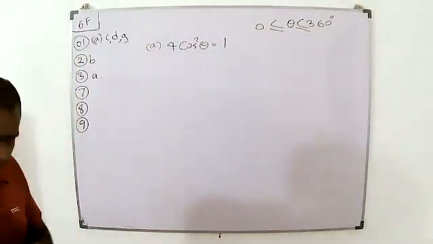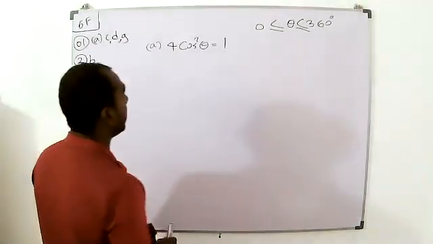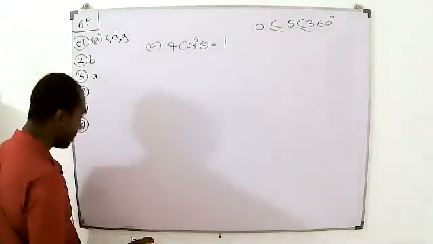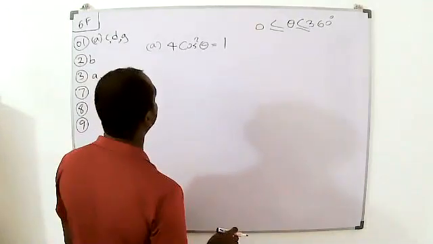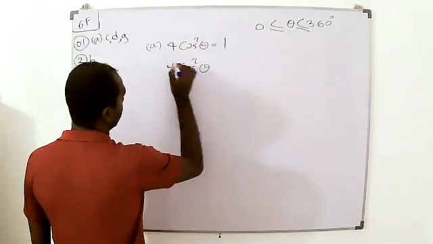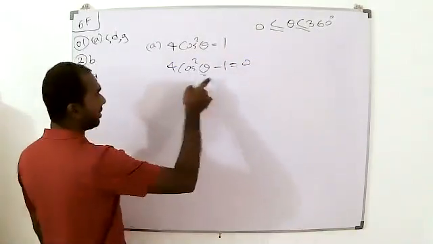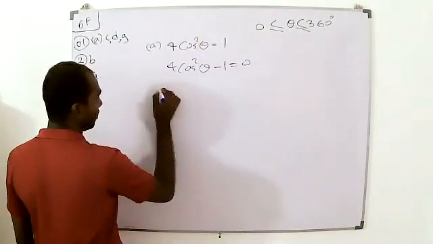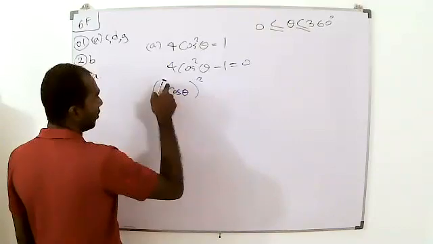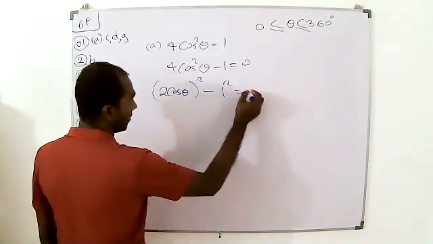How can we solve? There are three methods that you can get the answer. First one, I'm a real fan of completing squares. So I'm going to take 1 to the other side. 4 cos squared theta minus 1 equals 0. I see this as a difference of 2 squares. So I'm going to write this as (2 cos theta) to the power 2, minus 1 to the power 2, equals 0.